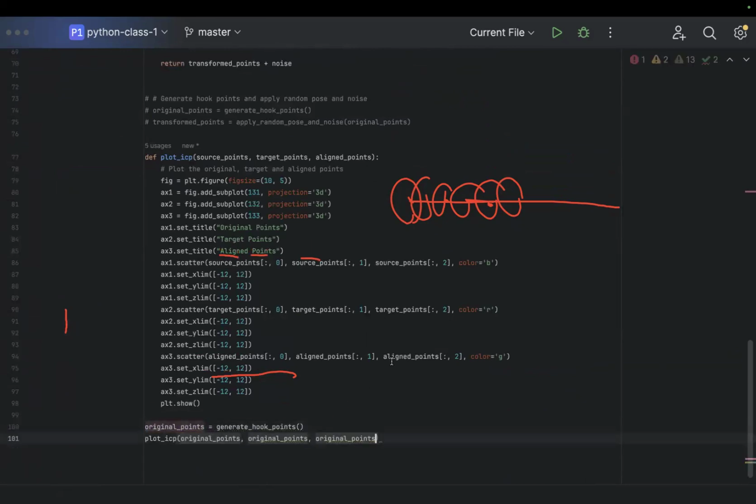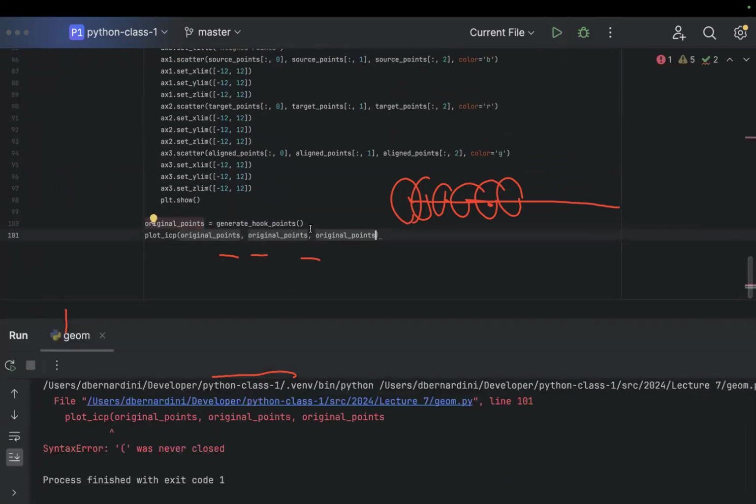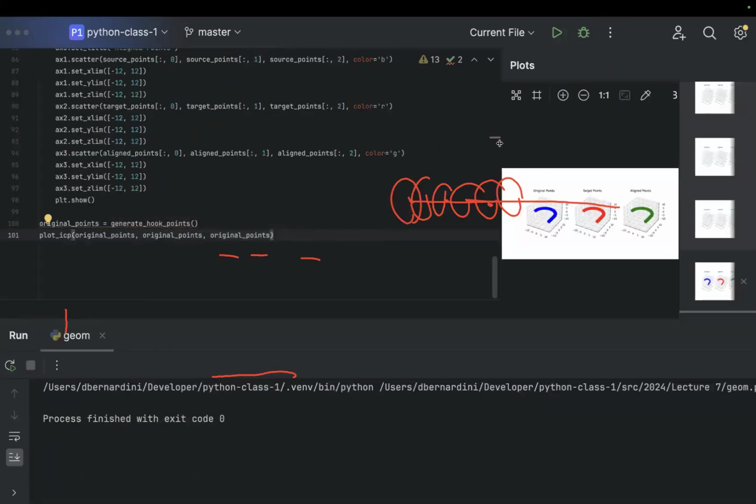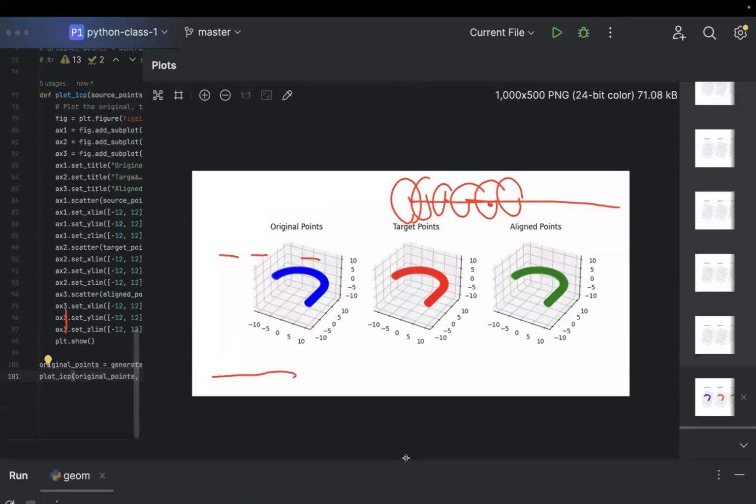Yeah, three times, sorry, I don't want to change the code now. Oops, I forgot all the parentheses. How about that? And this is my hook, right, the straight part and the circle. Plot three times, very boring.